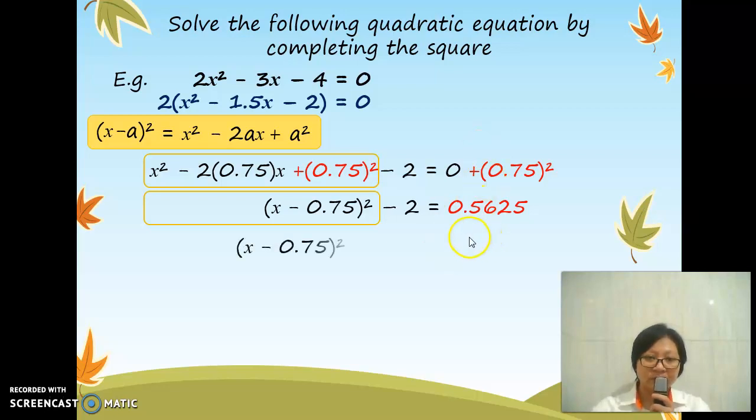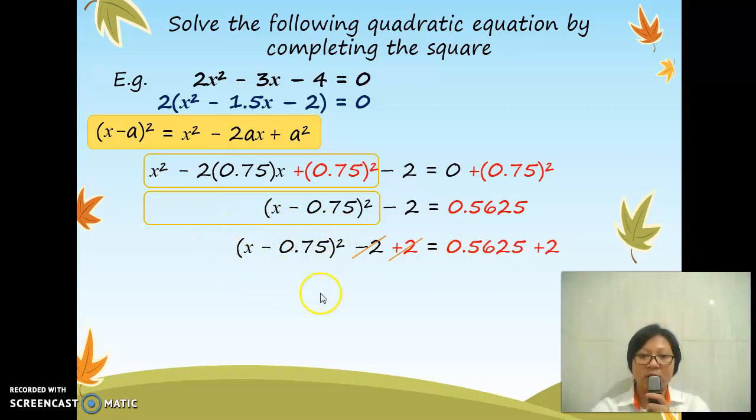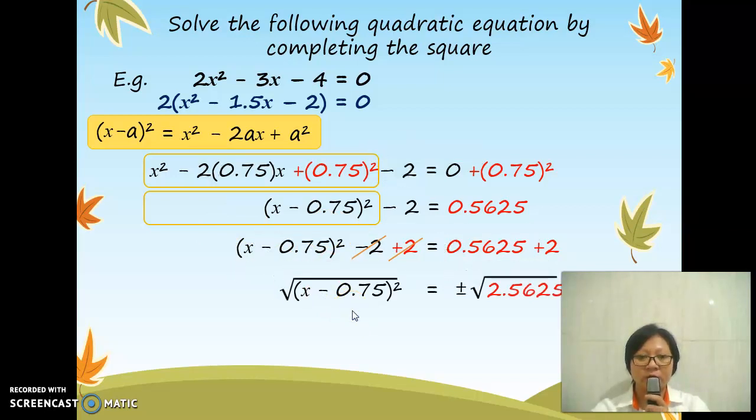And then using the balance method to isolate the perfect square. Here, this is the perfect square. And then use the square root to remove the square. And then use your calculator to calculate the square root of 2.5625.